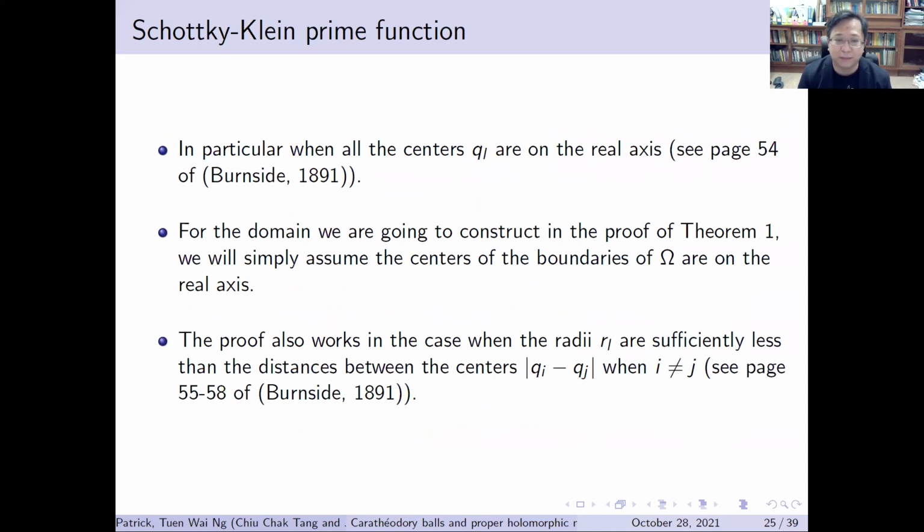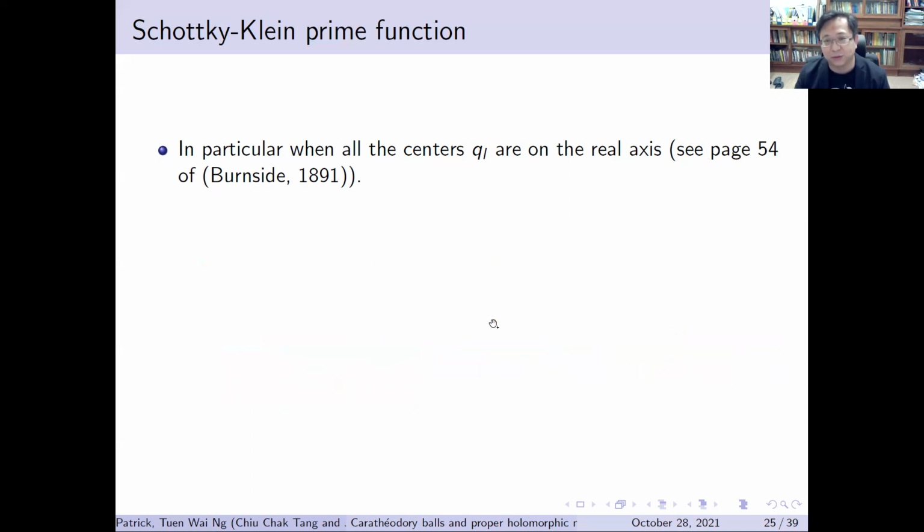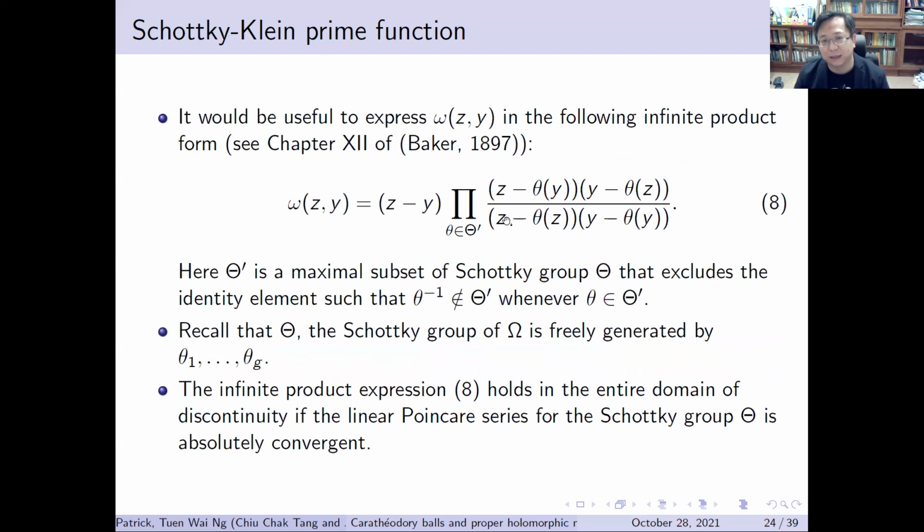There are also other situations in which you still have this infinite product. For example, if all the radii are much smaller than the distances between the centers, then you also have this infinite product expression.